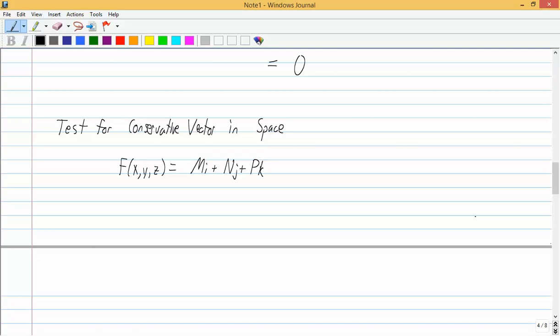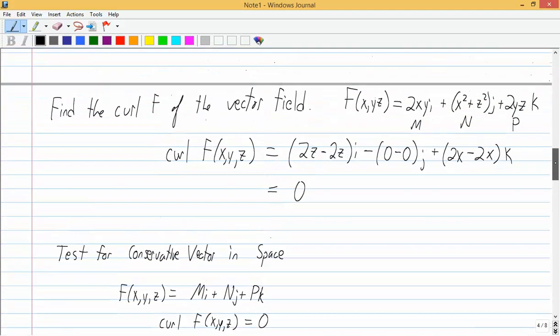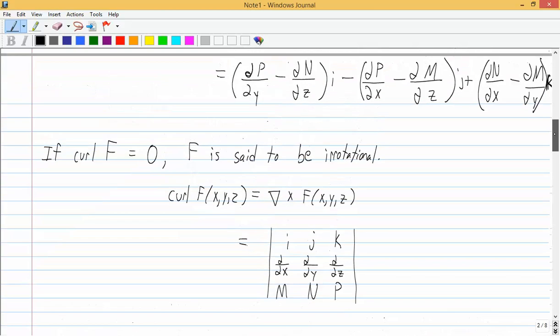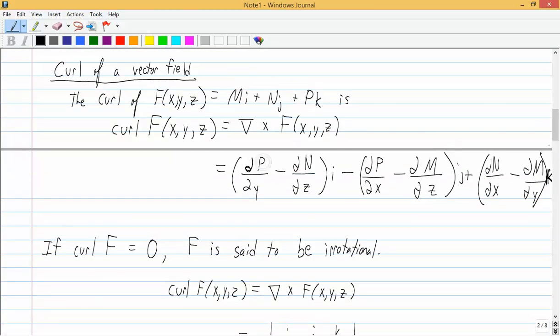It's conservative if and only if the curl of F is equal to 0. That is, if you think about this formula up here, it would mean the partial of P with respect to y has to be equal to the partial of N with respect to z.